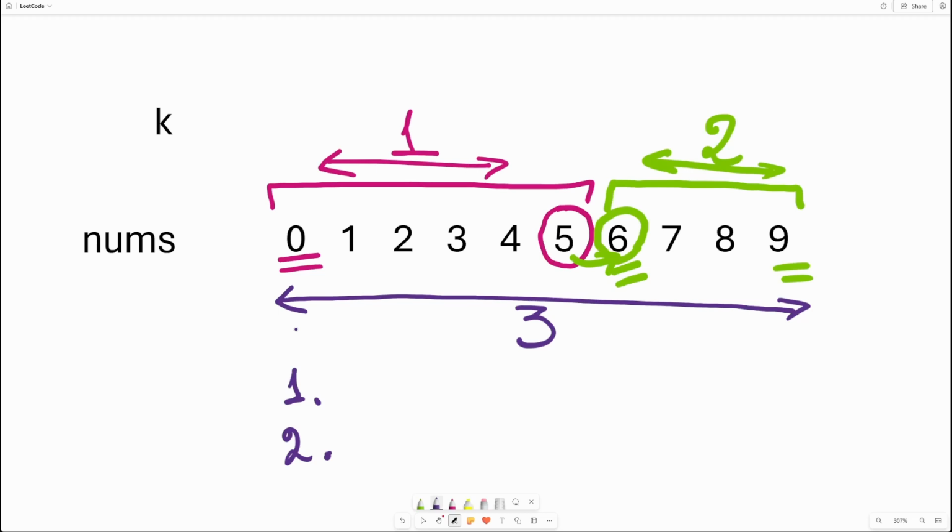But now, the second thing is that 5 will finally end up in the correct place after the third rotation, which means this entire segment will be in the correct location. And same for this one.